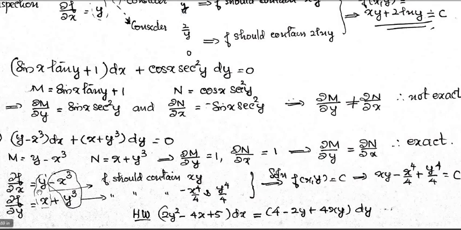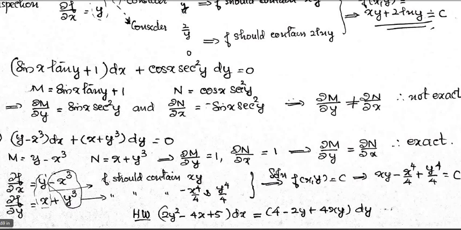Now the third problem: (y minus x cube) dx plus (x plus y cube) dy equal to 0. So M is y minus x cube, N is x plus y cube, which implies ∂M/∂y equal to 1 and ∂N/∂x is equal to 1. So they are equal, therefore the given equation is an exact one.